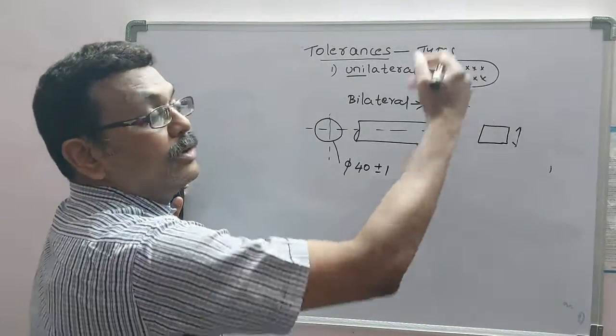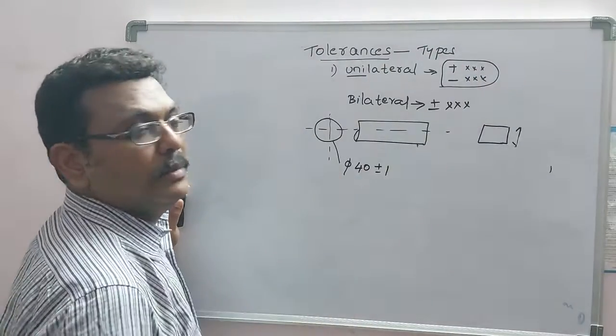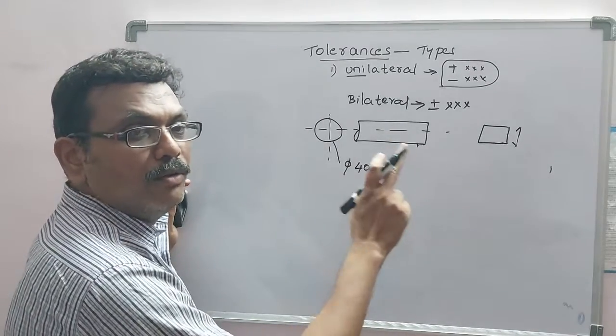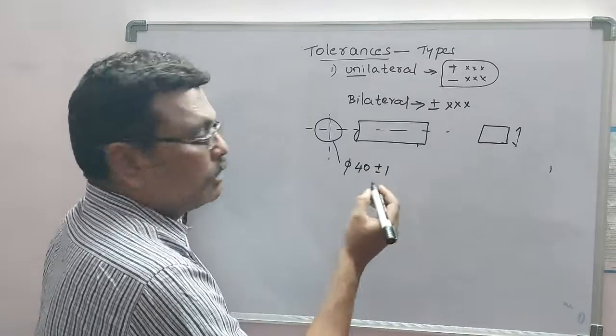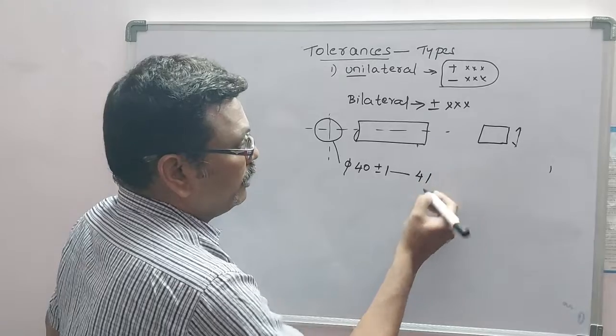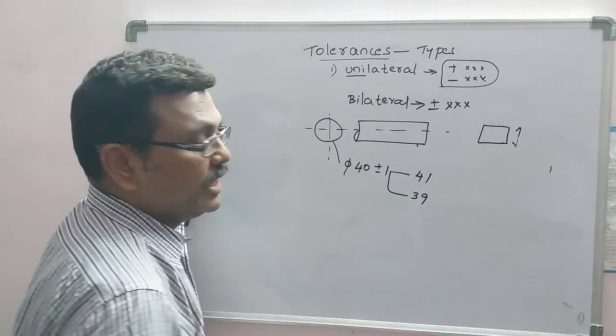In unilateral, you give separate tolerances, an upper limit and a lower limit. But in bilateral, for the upper and lower limit, we give only one tolerance value, 40 plus or minus 1. So that means the upper limit can go to 41 and the lower limit can go down to 39.